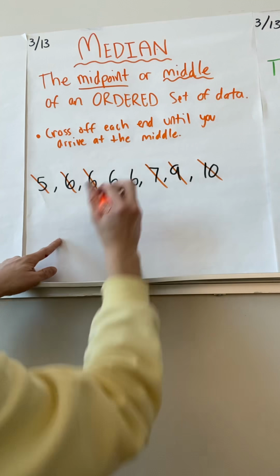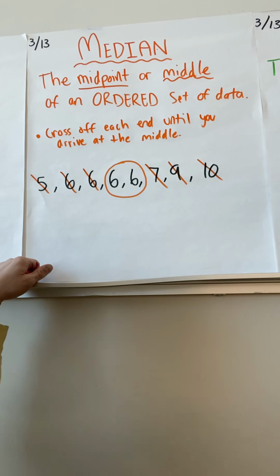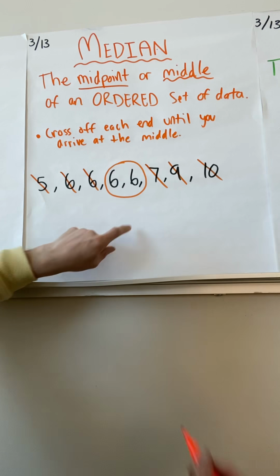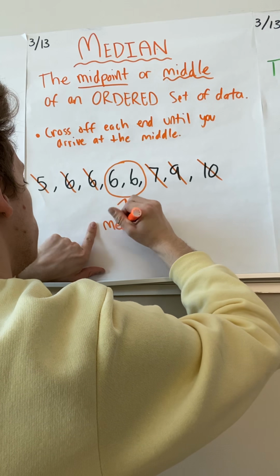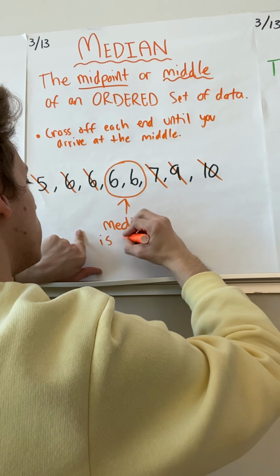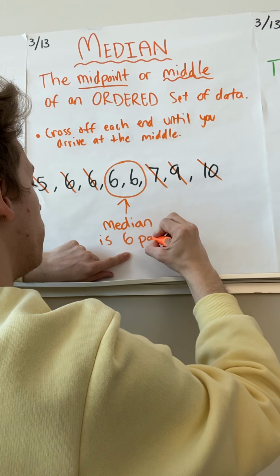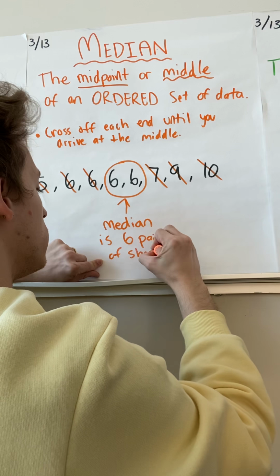Okay, cool. So we ended up with actually two numbers in the middle. In this case, because it's the same number, I can just say my median is 6 pairs of shoes.